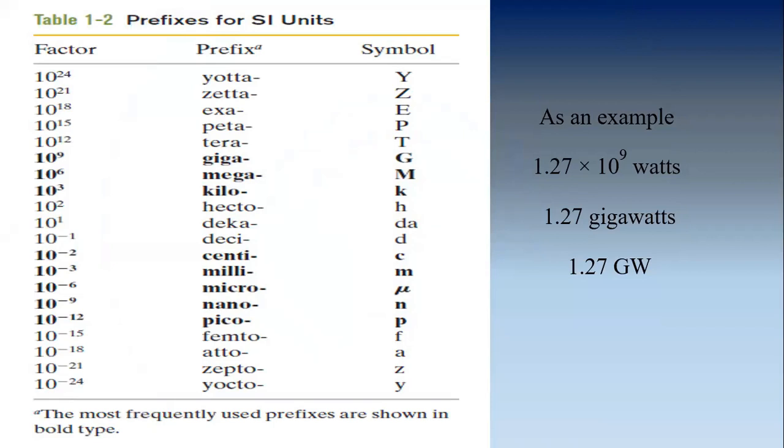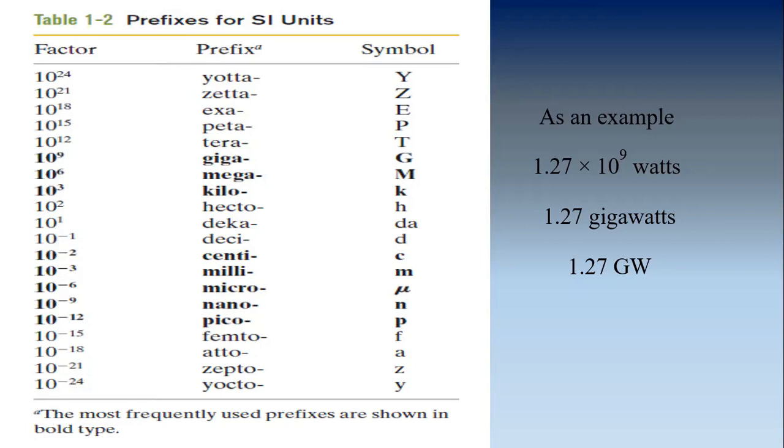For further convenience, when dealing with very large or very small measurements, we use the prefixes listed in table 1.2. Here you can see the prefix and the symbol. As an example, 1.27 times 10 to the 9 watts.